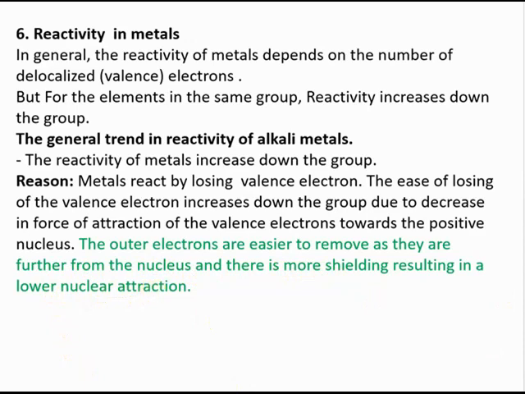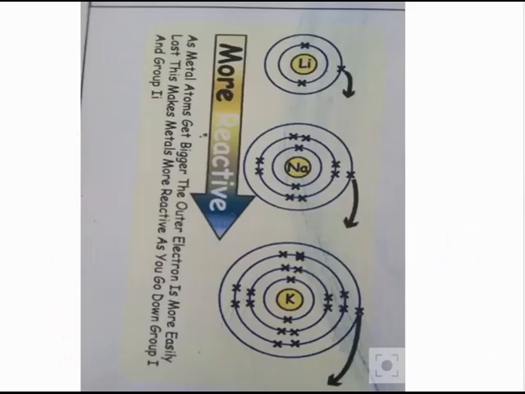So let me talk about the shielding effect and the nuclear attraction. In the same group, now we are talking about group 1, that is down the group, reactivity. Potassium is very, very reactive compared to sodium, and sodium is more reactive than lithium, although they are in the same group. The reason is this. Potassium reacts because it needs to be stable. It reacts by losing the outermost electron.